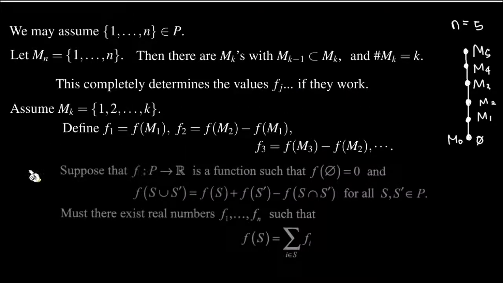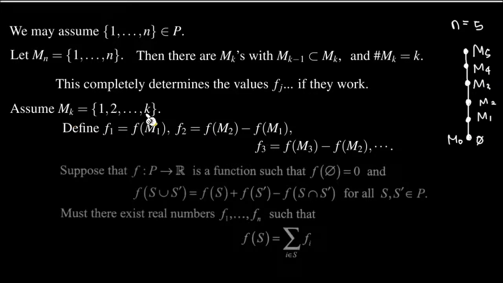First I'm going to give you a straightforward definition of how they're determined. This has one element, not necessarily 1 itself, but one element; it has two elements, all the way up to five elements there. But you can relabel it again so that M1 has 1, M2 has 1 and 2, M3 has 1, 2, 3, and so on. So I can assume that Mk in this chain has 1 through k.